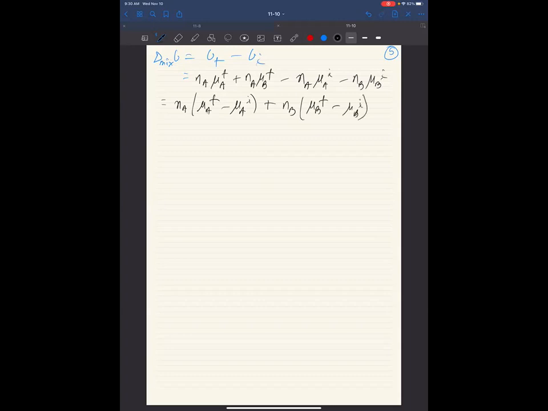I want you to pay attention to something here. If I just stare at this equation and forget about everything on the last page, does this equation assume anything about an ideal gas? No, it's really general, right? Because G equals the summation of mu_i N_i is true for everything. So keep in mind that this is true for any gas, any material.